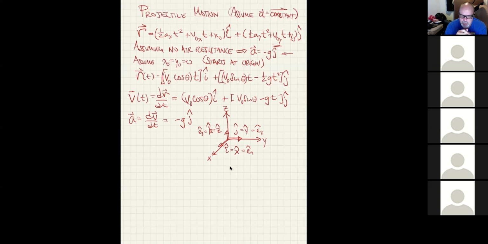So yeah, I'm sorry I sort of jumped through that. I just sort of assumed everybody had covered it, but a lot of people might not have seen it. So thank you for asking. Another thing that can come from that is there's another way that you can write these vectors too. So you normally write a vector A as A sub x i hat plus A sub y j hat plus A sub z k hat.